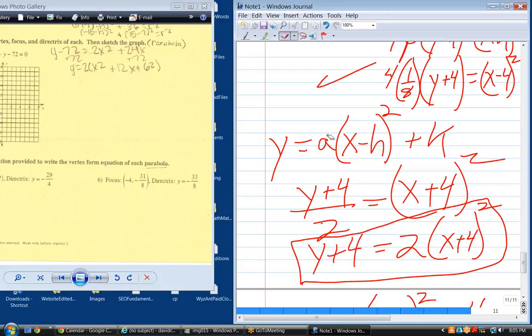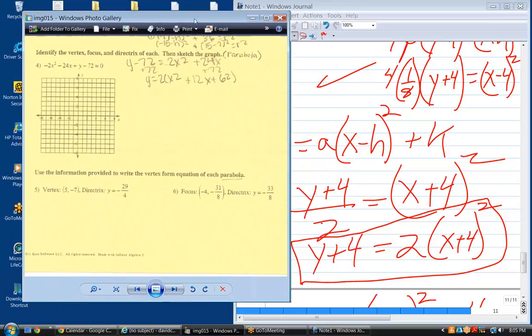But I don't know what a is. So I kind of have to use this format and then manipulate it algebraically so that I end up with y equals some number times that squared plus some other number. And that's what I did. So I don't see a quicker way to do that than the way I did it.